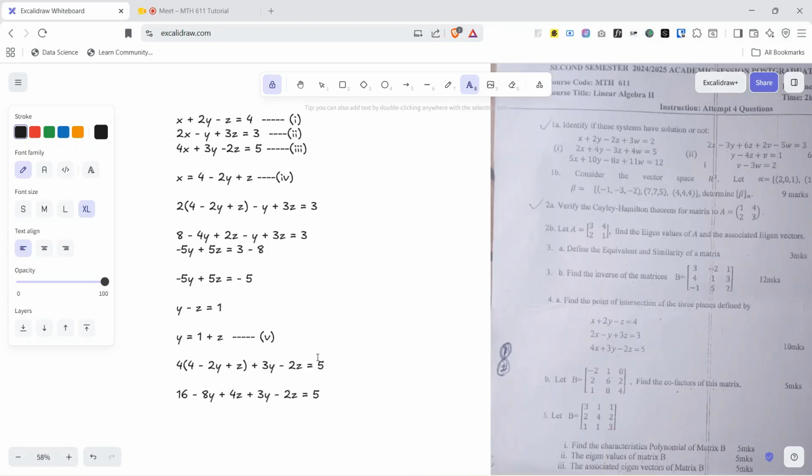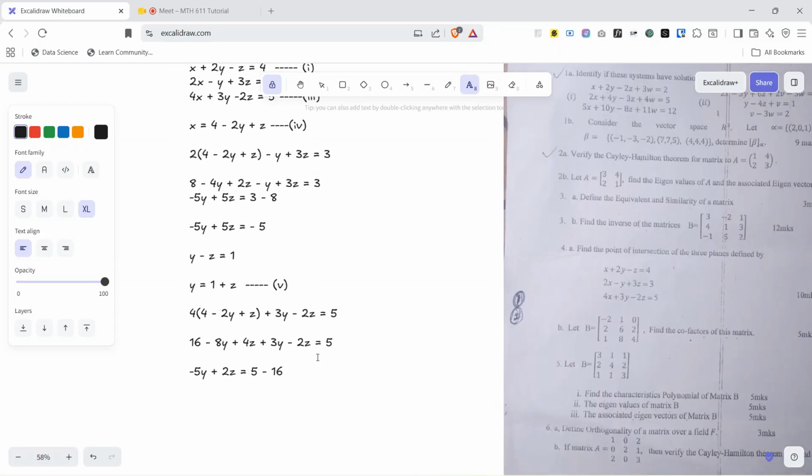This would give us minus 8 plus 3, that would be minus 5y, plus 4z minus 2z, that would be plus 2z, equals 5 minus 16, right? Yes, 5 minus 16.